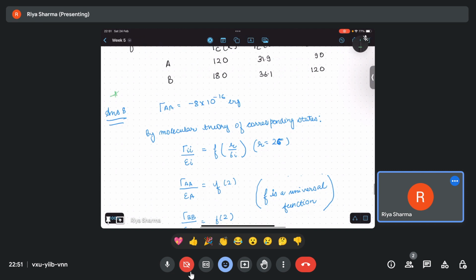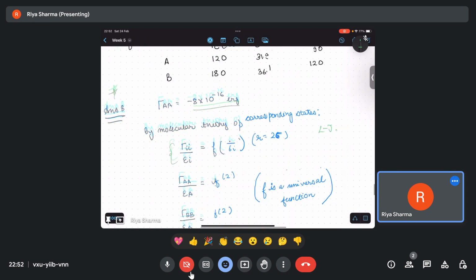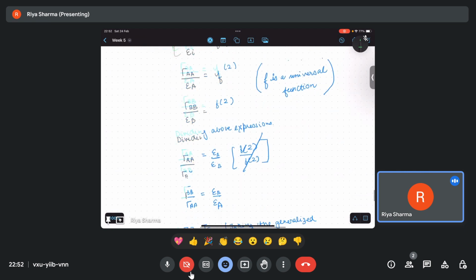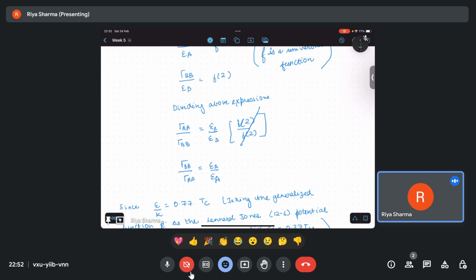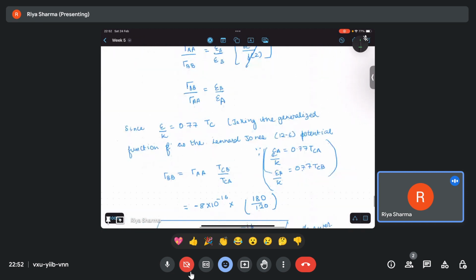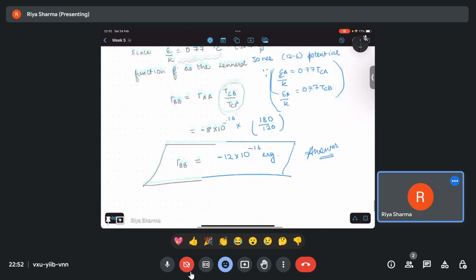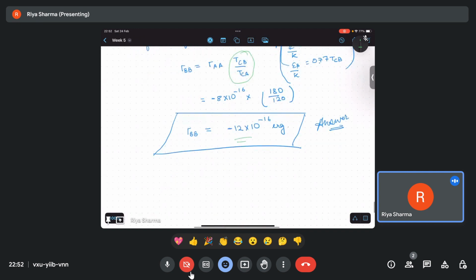It's a good question actually. By molecular theory, we know that F is r by sigma when they say LJ potential. So F of 2 will get cancelled, and epsilon A by epsilon B remains. Then as we know epsilon by k is equal to 0.77 Tc, we just replace epsilon with Tc for A and B, and then we had the options, so we got this answer.